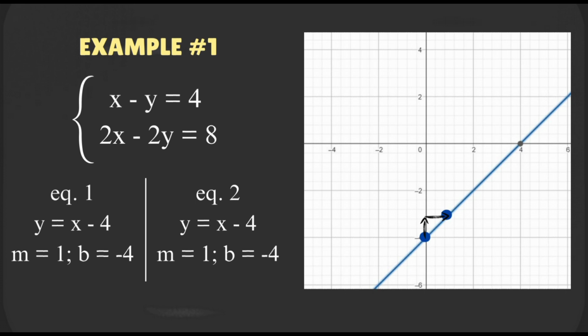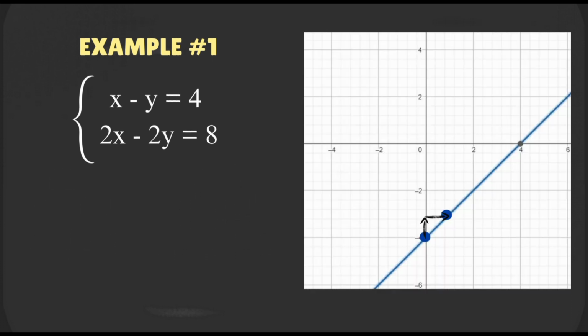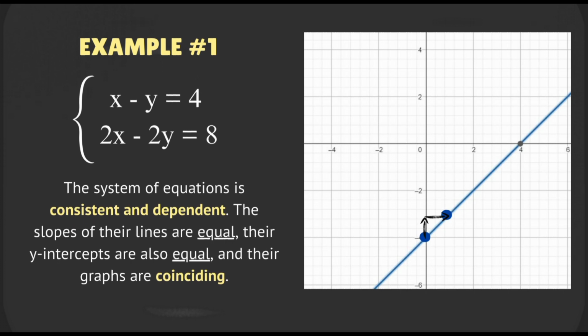So it will be y is equal to x minus 4, and our m is 1 and b is negative 4. And it will give us this graph. So therefore, the system of equations is consistent and dependent. The slopes of their lines are equal, their y-intercepts are also equal, and their graphs are coinciding.